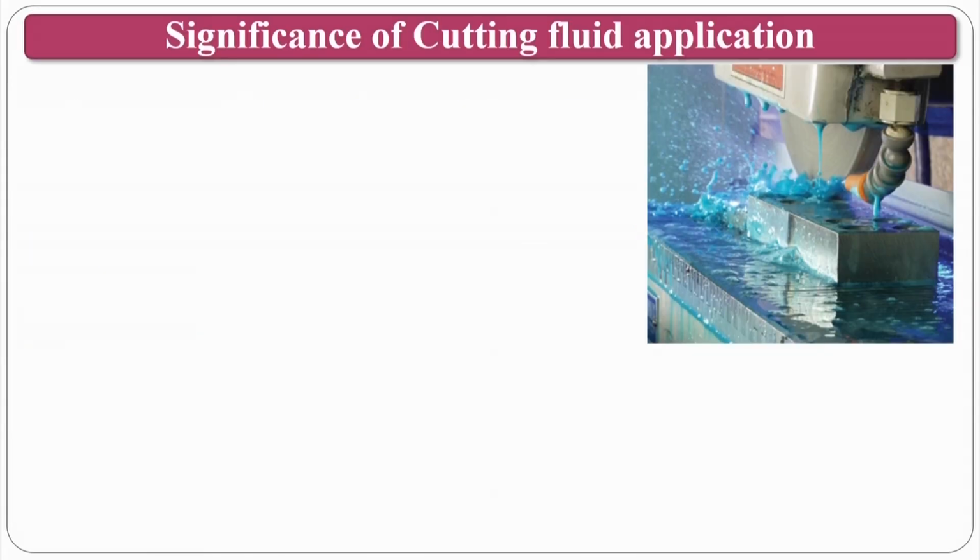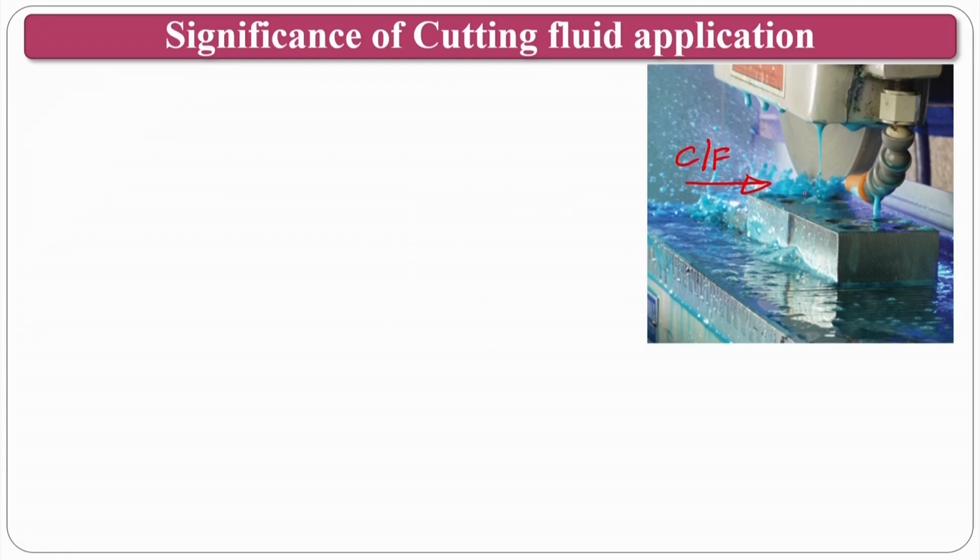Okay. Significance of cutting fluid application: if you see the cutting fluid in the machining region or the grinding region, you can see the sky blue type of cutting fluid is applied between the workpiece and the grinding wheel. This has a lot of impact.